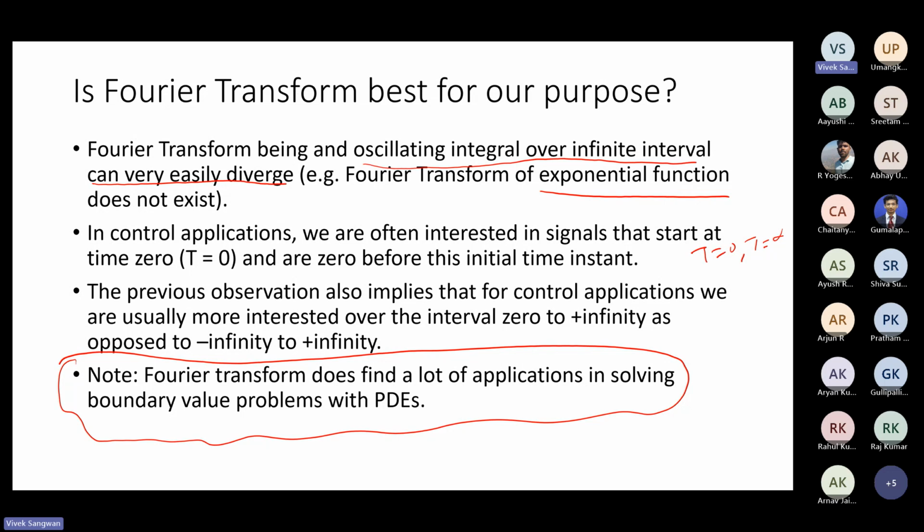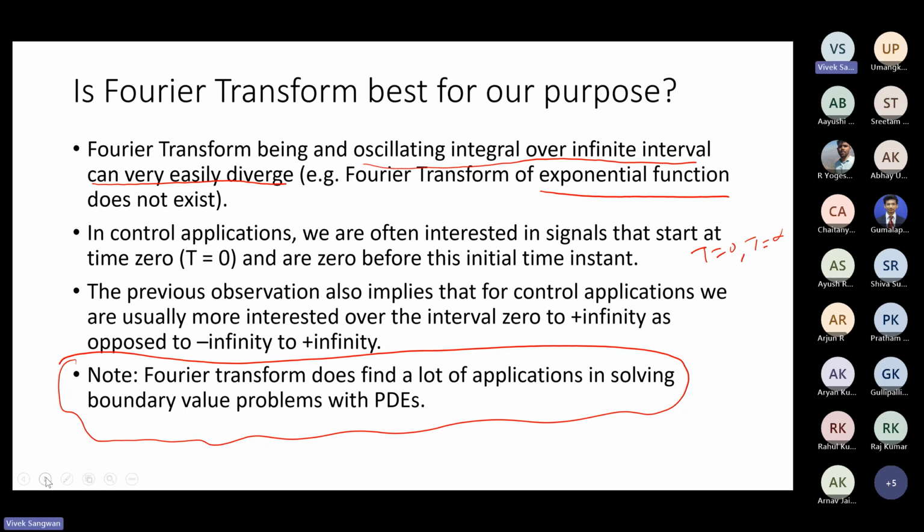Laplace transforms are suited for initial value problems, where you start at some time instant with some initial values. Whenever you have boundary conditions, for example in PDEs, the Laplace transform is not suitable. Well, in some situations it can be suitable, but in most situations it is not.